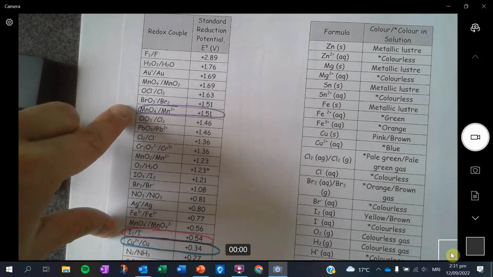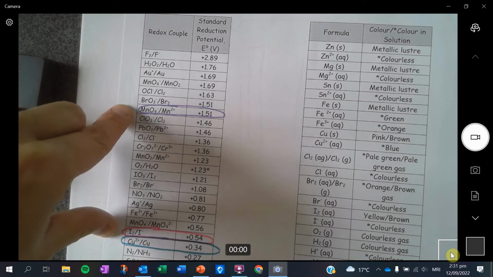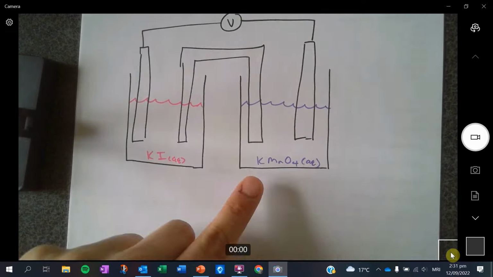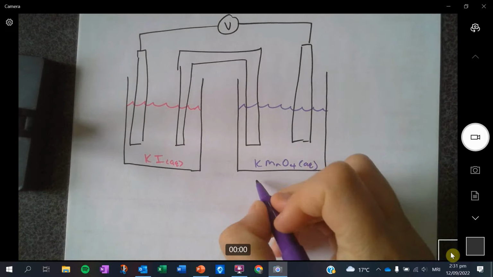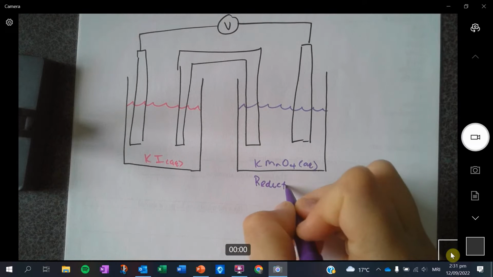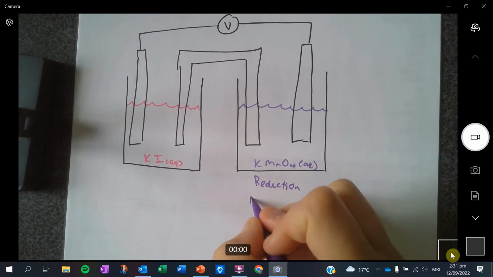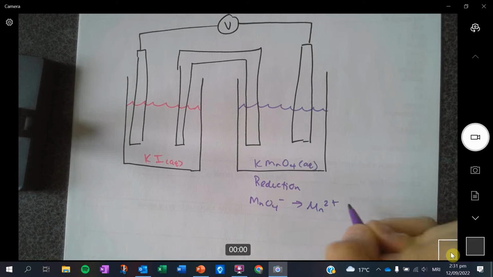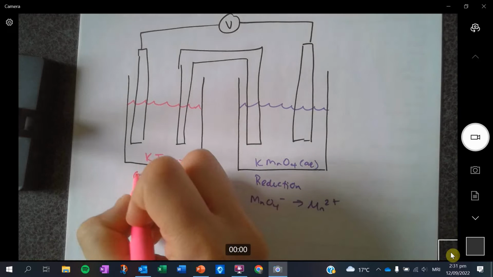So looking at this information, which one's oxidation, which one's reduction? The one that's higher. So this one here is my reduction. We're going from MnO4 minus to Mn2 plus. And then the iodide is going to be my oxidation.